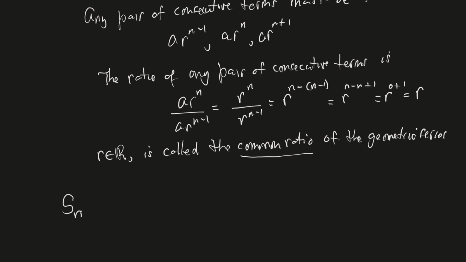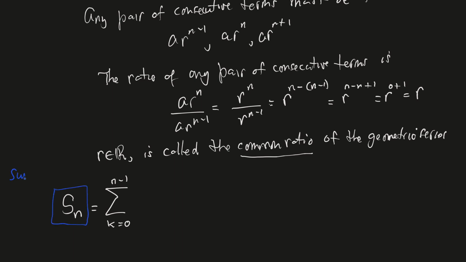So S sub n will be the sum, and remember, we're starting at k equals 0. We could easily do it starting with k equals 1. The algebra will pretty much be the same. But now we're going up to n minus 1 because we want the sum of the first n terms. Remember, that's what S sub n represents.